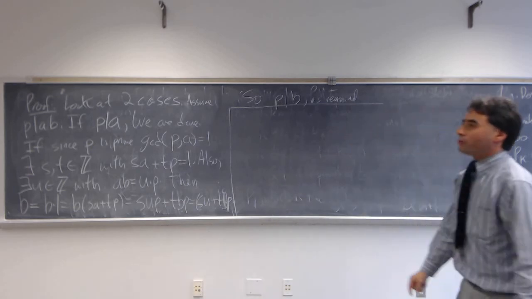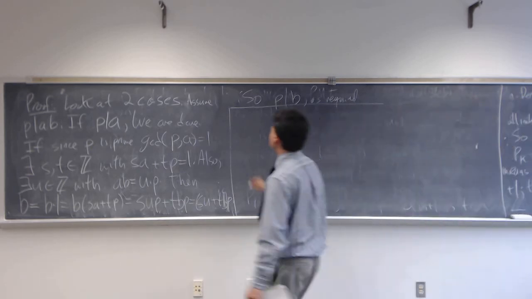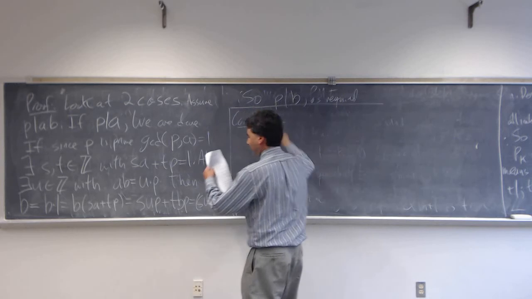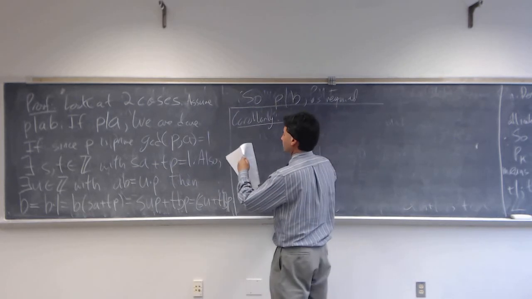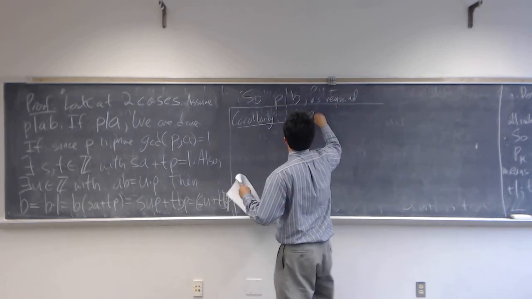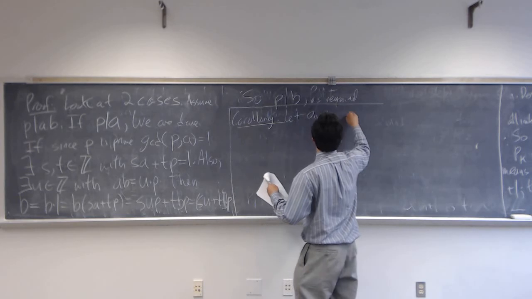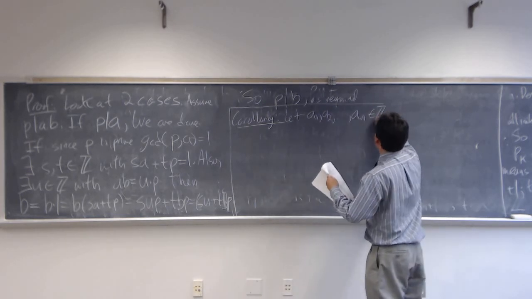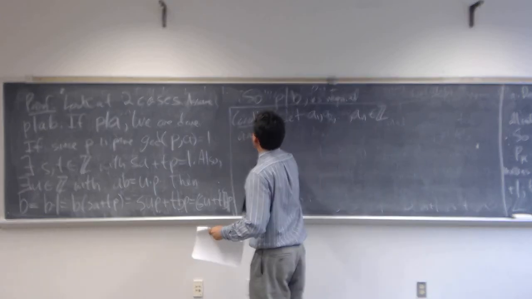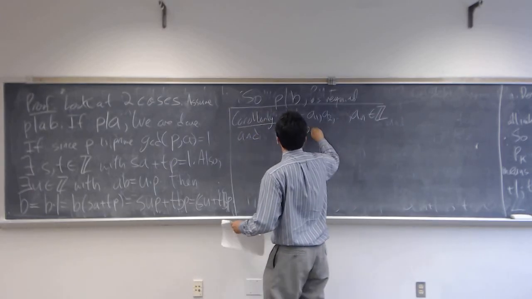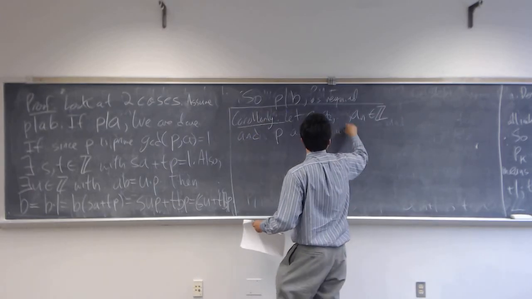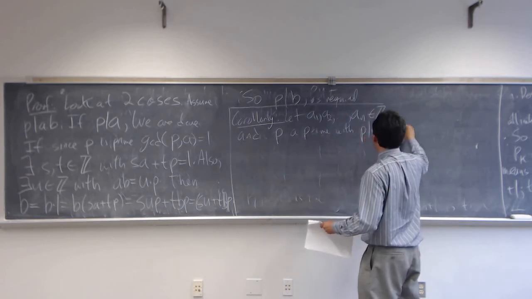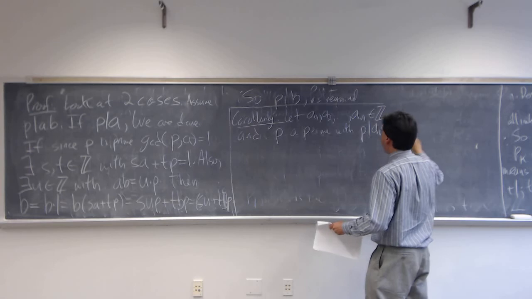And then we also have a corollary of Euclid's lemma. Suppose we have A1, A2 up to AN integers, and P a prime, where P divides A1 times A2 all the way up to AN.